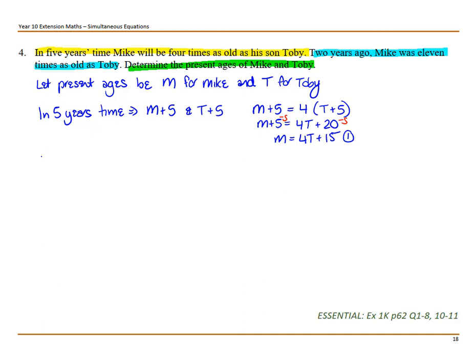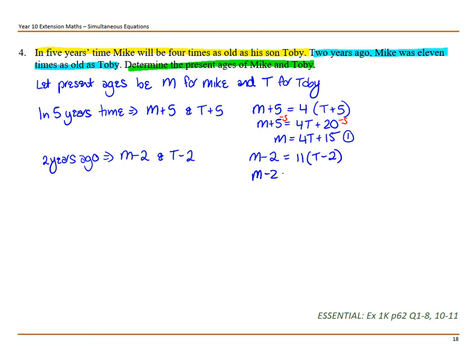The next bit, it said 2 years ago. So 2 years ago, we would be dealing with M take 2 and T take 2. So 2 years ago, Mike was 11 times as old as Toby. So that means that M take 2 was 11 lots of T take 2.